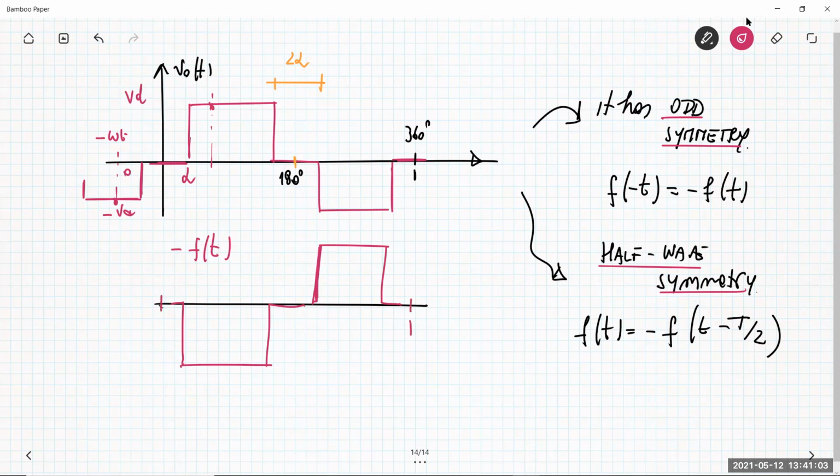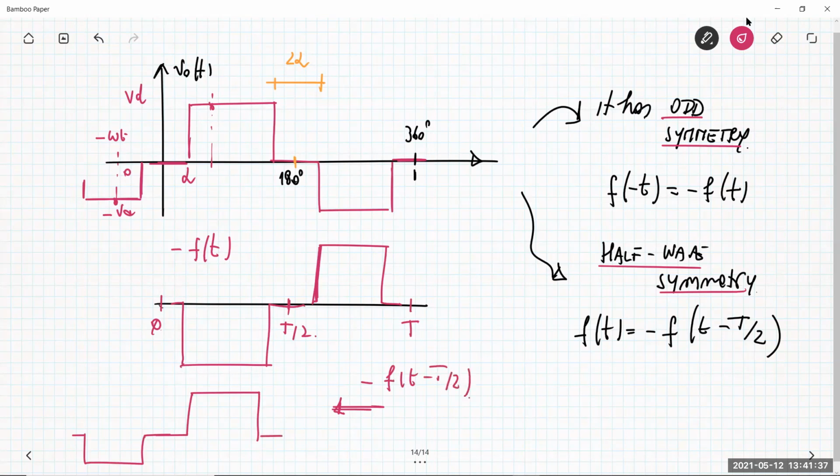Consider that this is my period T. Shift this waveform by T divided by 2 to the left, and this is negative f(t minus T/2).